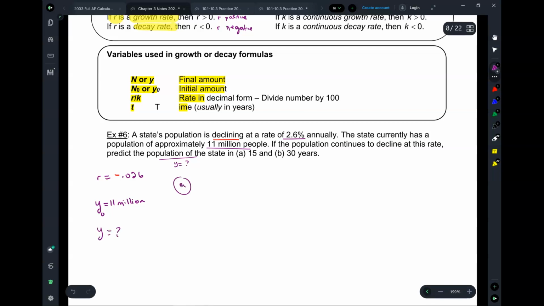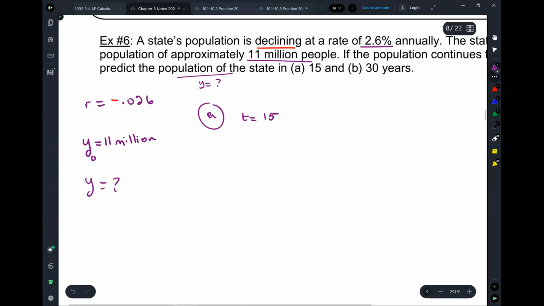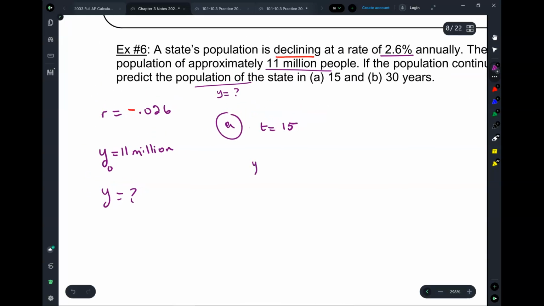And in part A, t is 15. So y equals y naught times 1 plus r to the power of t.